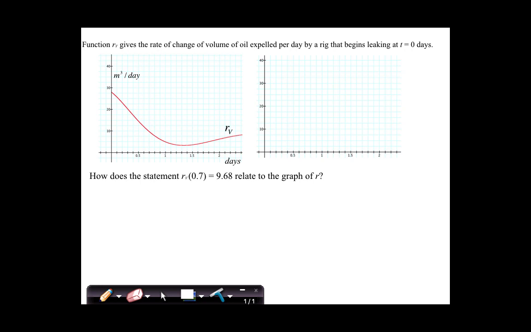So thinking about the input, output, independent variable, dependent variable, X, Y, whatever you want to call it, in this graph, I've got a point here. Here's some specific numbers to go with this. 0.7, 9.68. What does that say about the oil spill?